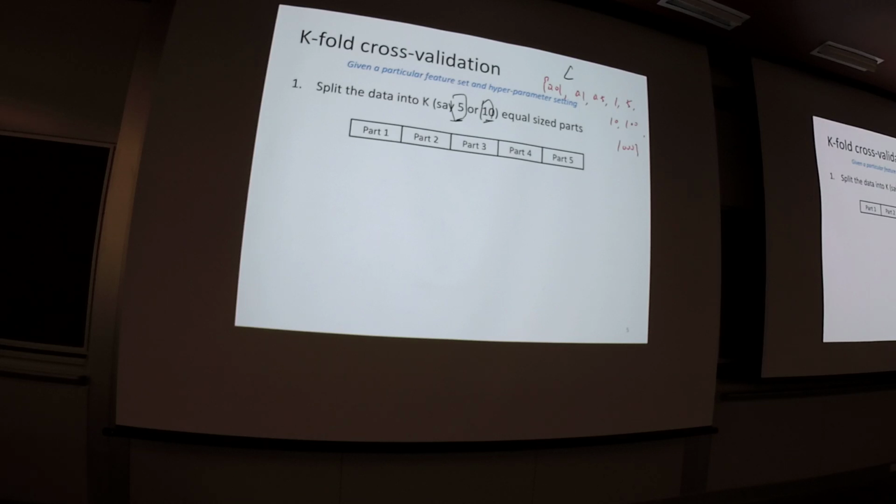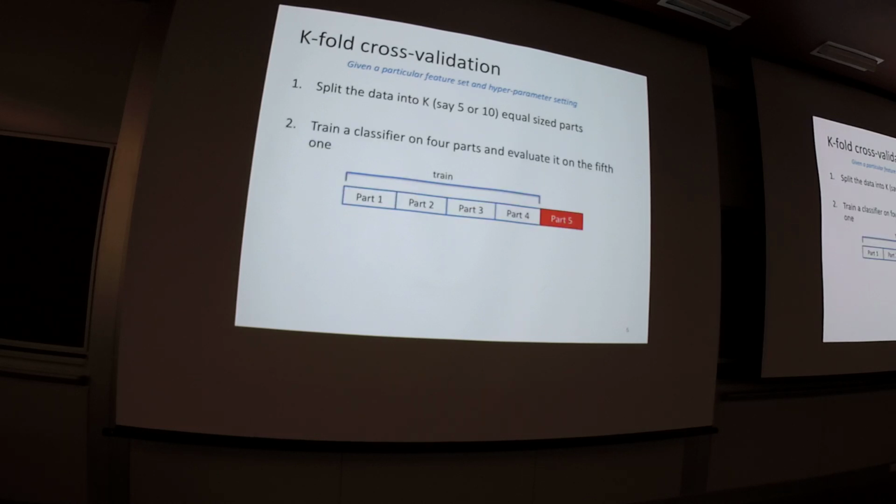First, we split the data into k partitions. If we choose k to be 5 here, then we randomly partition the data into 5 partitions. Then we choose each partition as the test set, and use the remaining partitions as the training set, and train the model with the current hyperparameter value.